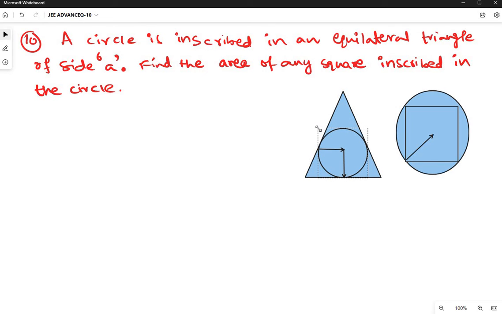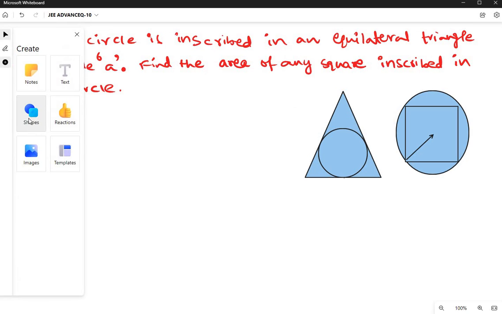You can touch the circle exactly to all the sides of the triangle in this case, right? But here we should draw again from here.